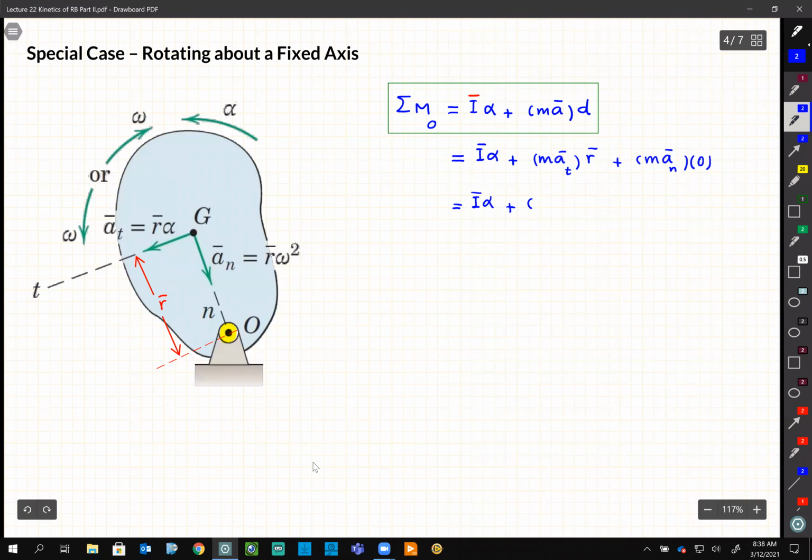So let's simplify that one more step. What is A bar T? It is R bar alpha multiplied by R bar. Then I can write down I bar plus M R bar squared, times alpha. So is this something familiar to you guys? I bar plus M R bar squared. Does it mean anything to you?